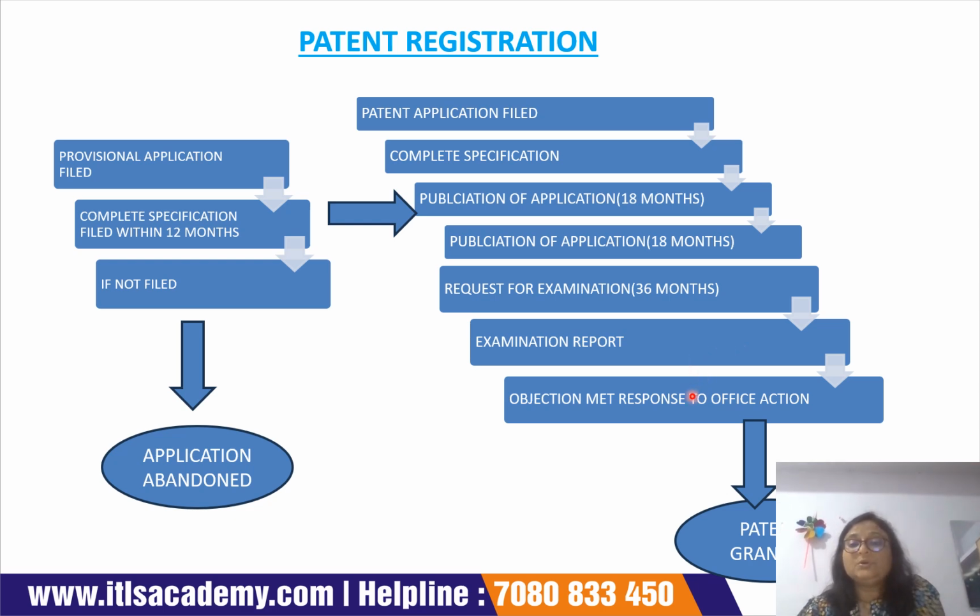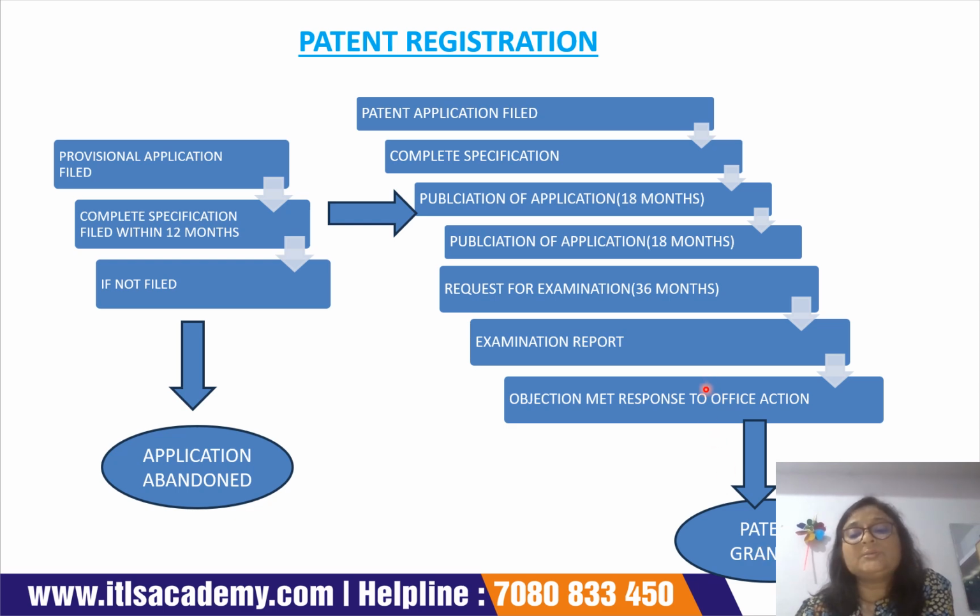Then you have to prepare a reply to the examination report, which we generally call RTFER. Then, response to the office action: what objections were raised by the Indian Patent Office, and what response you gave in respect of those objections. If it is acceptable to the office, then you will get the patent grant.